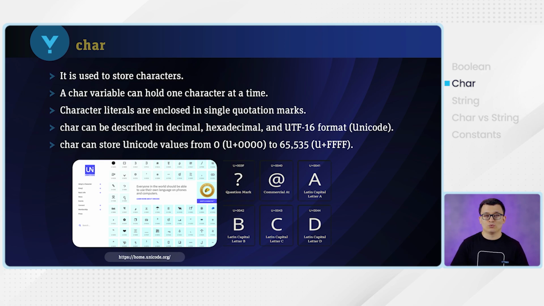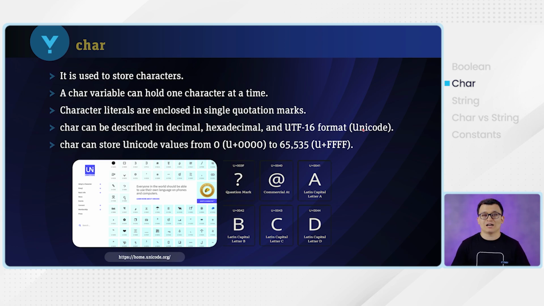You cannot give more than one character when you use char as the data type. You could only give one single character only. And when you assign the characters to the char variable, you could use the single quote. Okay, if you want to store the character itself to the variable, you could use the single quote and then give the character within the single quote. Okay, and the char, it can also be described in the decimal, hexadecimal, and UTF-16 format, which is known as the Unicode.